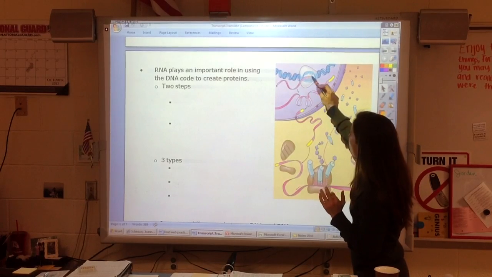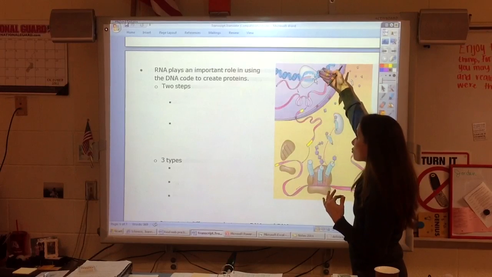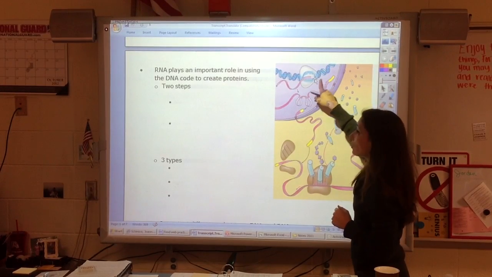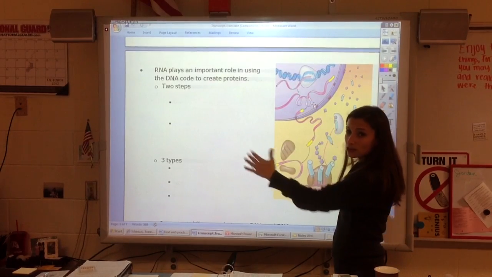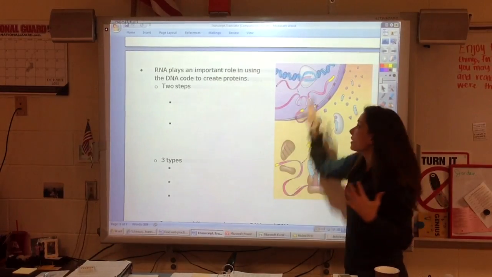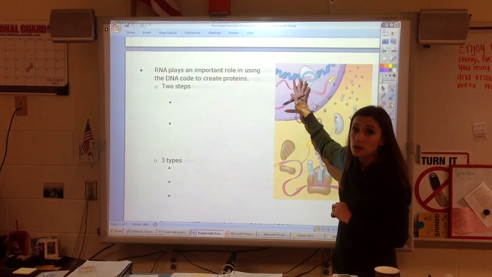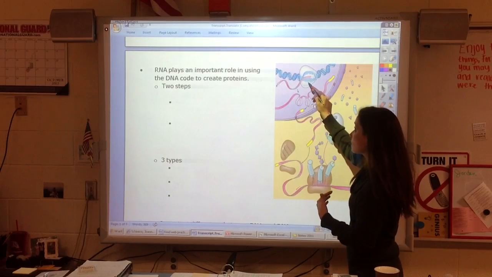Depending on what the DNA code is, now remember, there's a coding strand and a template strand. So depending on what is coded in the template strand, the sequence of DNA letters, remember that's the key to making each gene different, is this sequence of nucleotides, specifically the sequence of nitrogen bases.